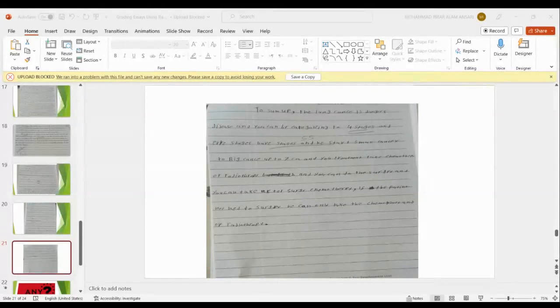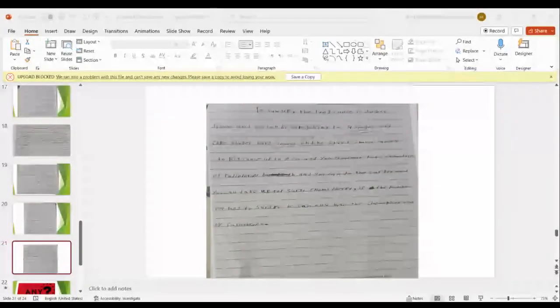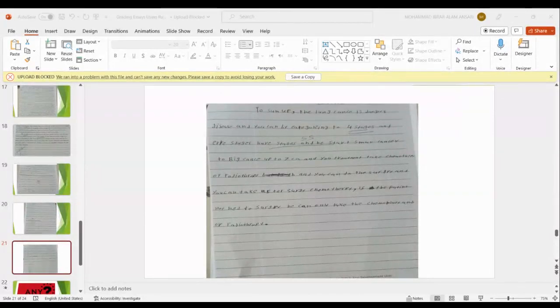So we need to identify both positive features of a particular script as well as negative features. Positive features help a student get a higher score, and negative features result in losing marks.